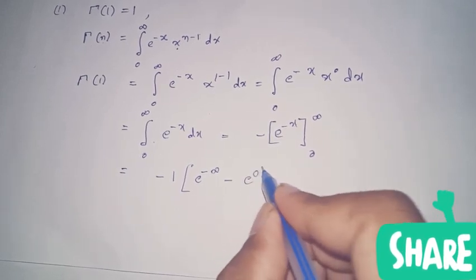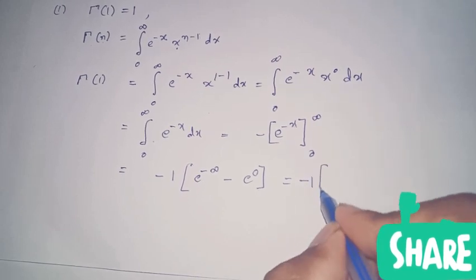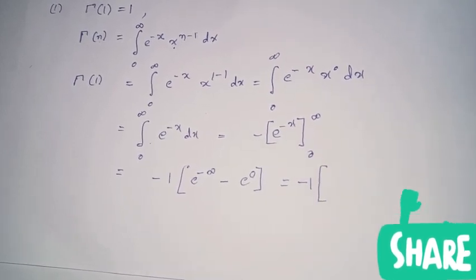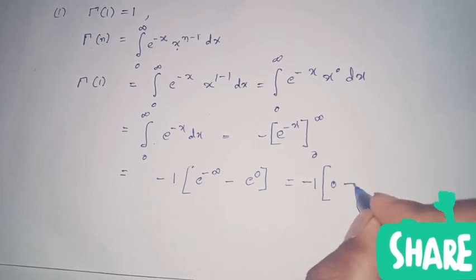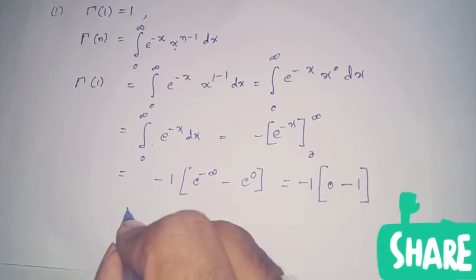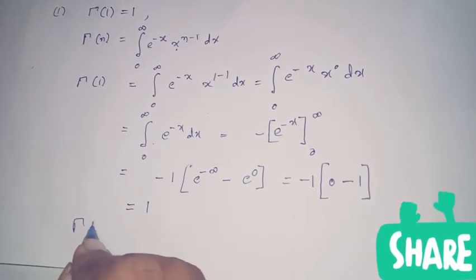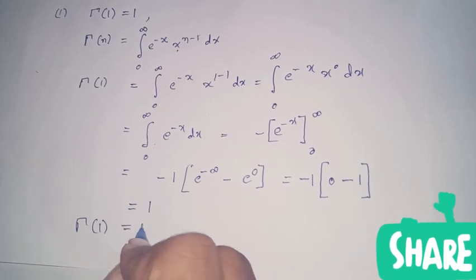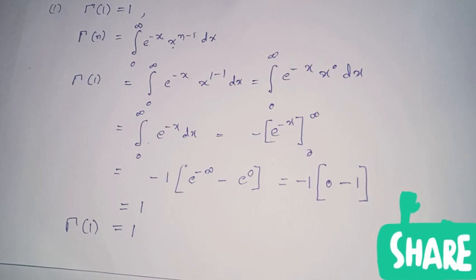Therefore minus 1 into, we know that the value of e power of minus infinity is 0, minus 1. Minus 1 into minus 1 is plus 1. Therefore gamma of 1 is equal to 1. Therefore, we have proved the first property of gamma function.